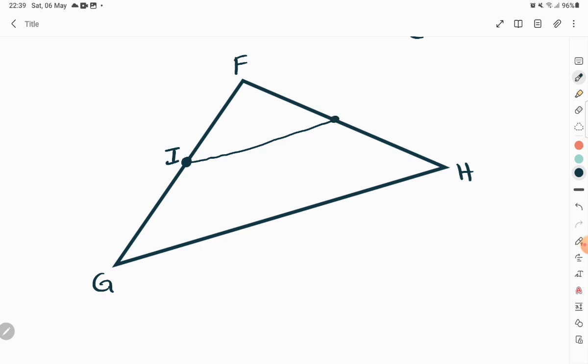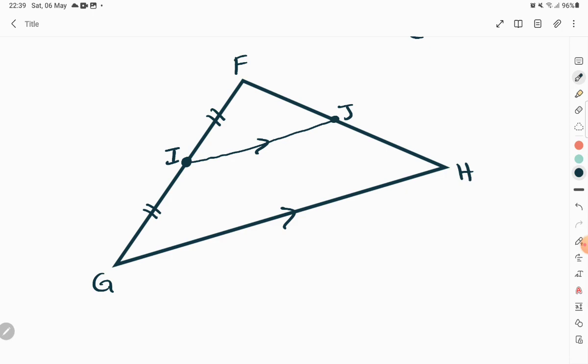This I is said to be in the middle of FG, so that means FI is equal to IG, and this IJ is parallel to the third side, right? So we have this information over here, but we don't have this information that J is also the midpoint of FH.